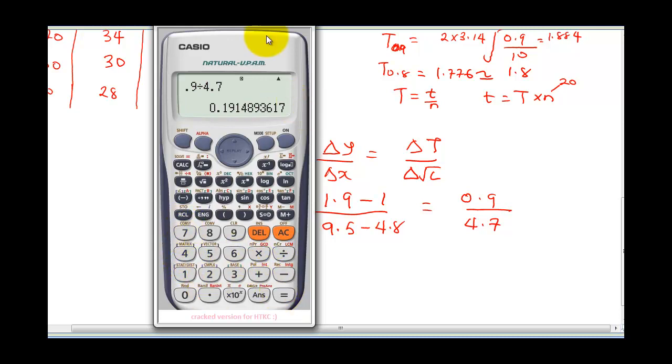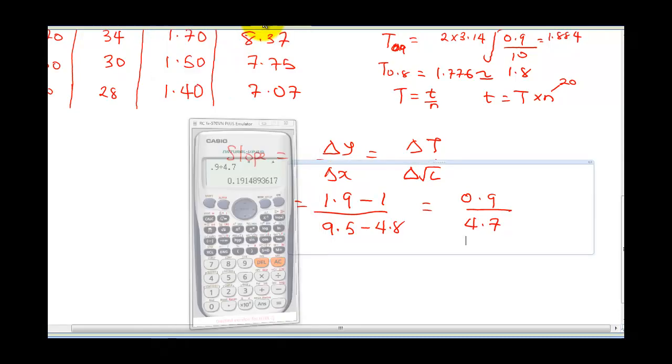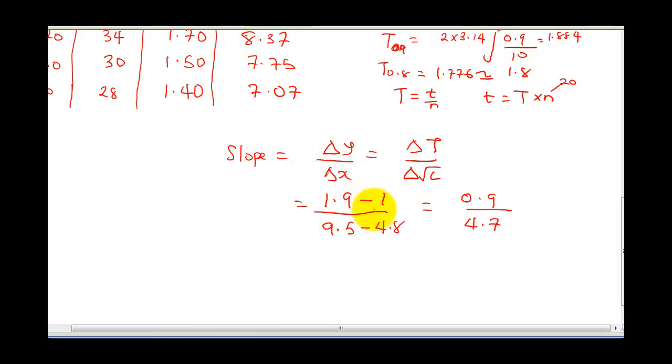Now this is going to give us 0.191. So this will be our slope, 0.191. Our unit is supposed to be s over cm raised to power half. Okay, you have to remember we did the square root of the cm.